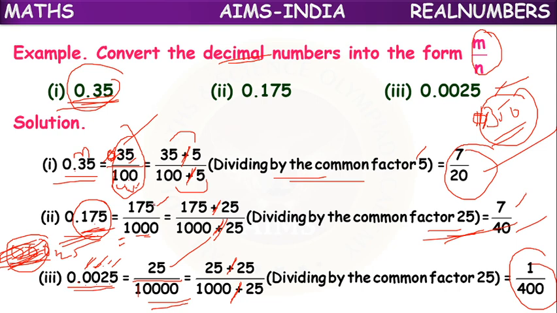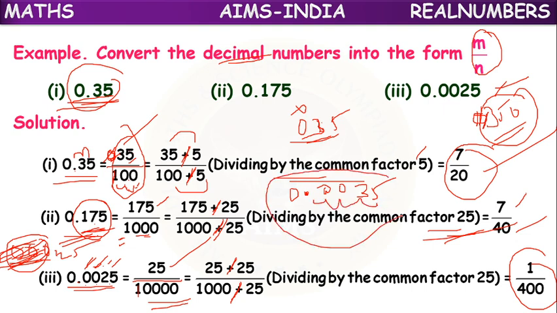But you have to keep some things in mind. If the 0 is on the left side, leftmost or extreme left, that 0 will not have any value. But while counting decimal places, or while taking the number of zeros in the denominator, to the right side of the decimal point we have 1, 2, 3, 4 places.